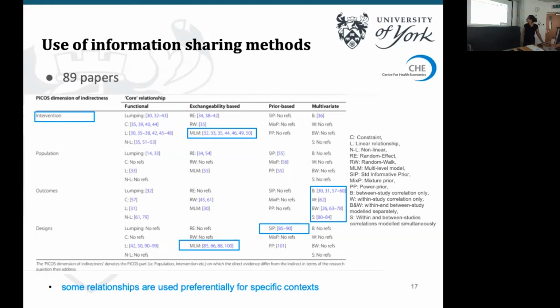Most of them were academic, actually. I think most of the prior-based models, if I'm not mistaken, were in early trial design, because in early trial design, prior-based models are very frequently used, for example in phase 2 studies.